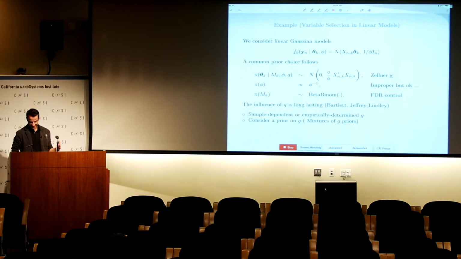The simplest possible example is the case of linear regression. In linear regression, you have to decide how many predictors you plug in. So if you want to predict some continuous outcome y, a common strategy which aims to regularize, or if you like, reorient ridge regression, is to use Zellner priors.